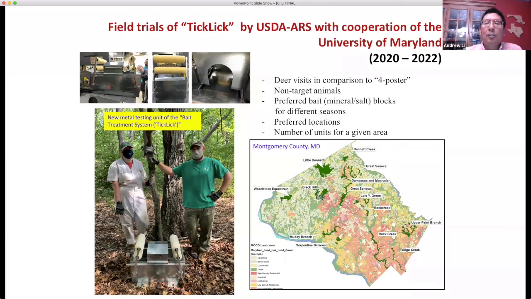And also we will test different bait blocks, the salt mineral blocks, to see which part of the year, which season, what their preferred block is as an attractant. So once we have sufficient data showing pretty decent access by deer and other animals, we can go on to run a real control project and put the pesticide on the roller. So this will be ongoing. Next slide, please.